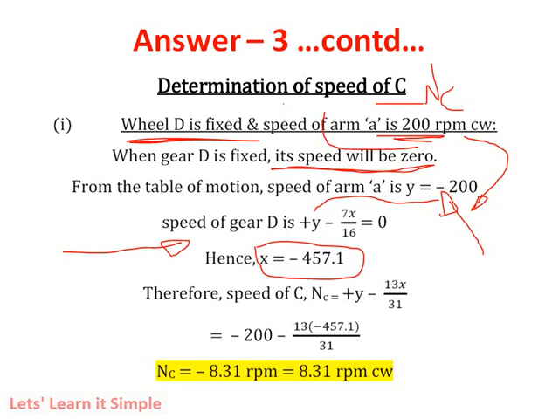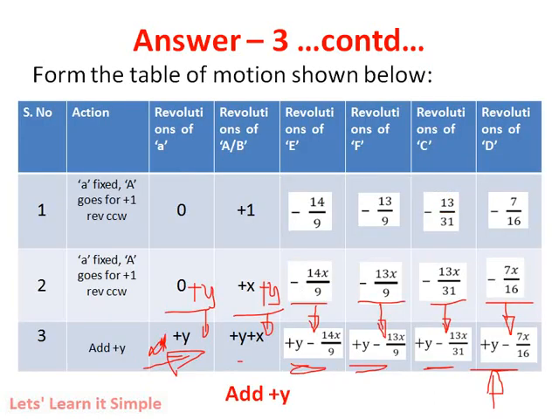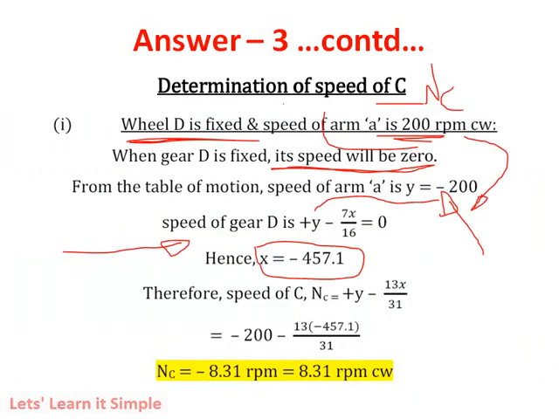Now the question is, we need to find the speed of gear C. From the table of motion, again go back to the table of motion, this is the speed of gear C, this one. So it is plus y minus 13x by 31. Bring it here.